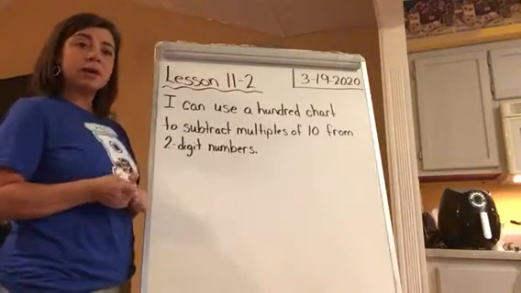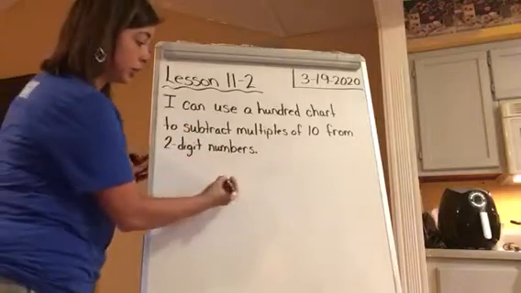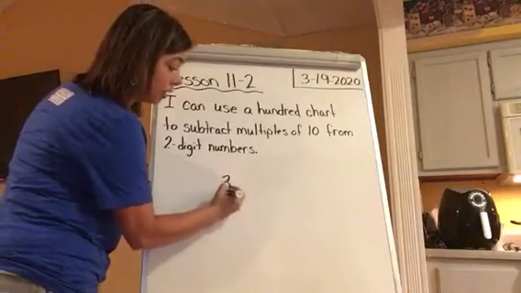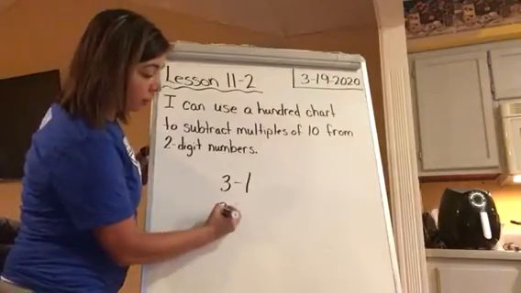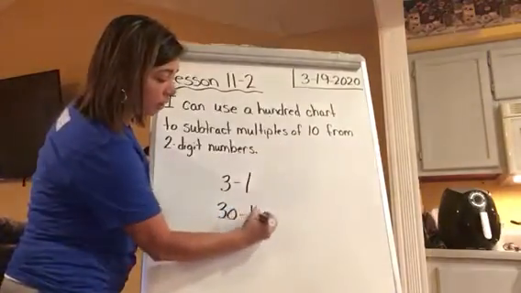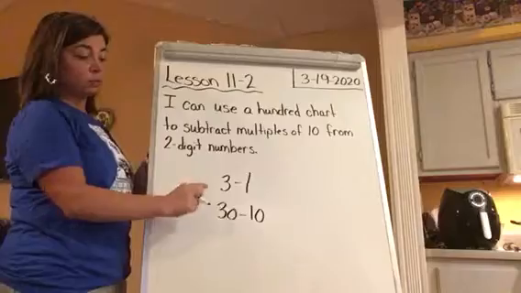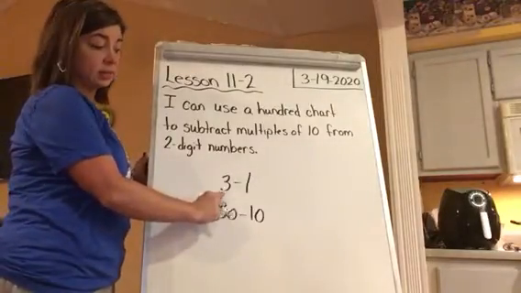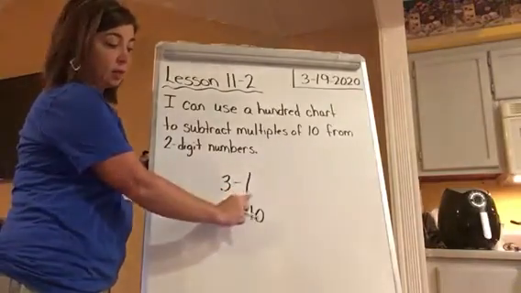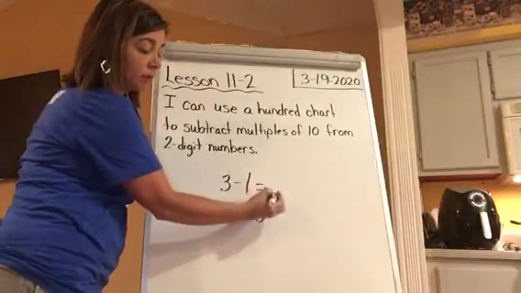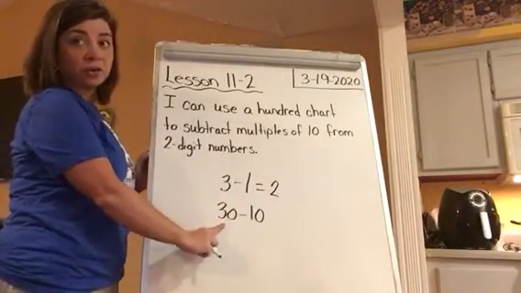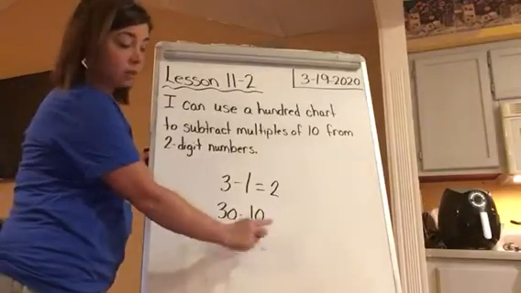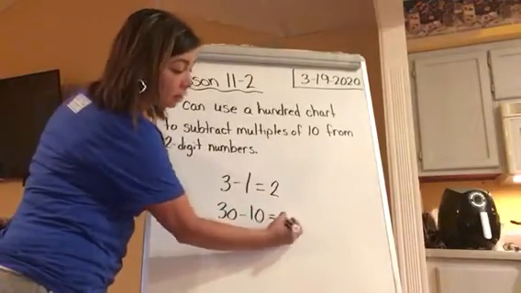We also talked about how solving an equation such as 3 take away 1 could help you solve 30 take away 10. This would be the same as 3 tens take away 1 ten equals, that's right, 2 tens. So that means 30 take away 10 equals 20.